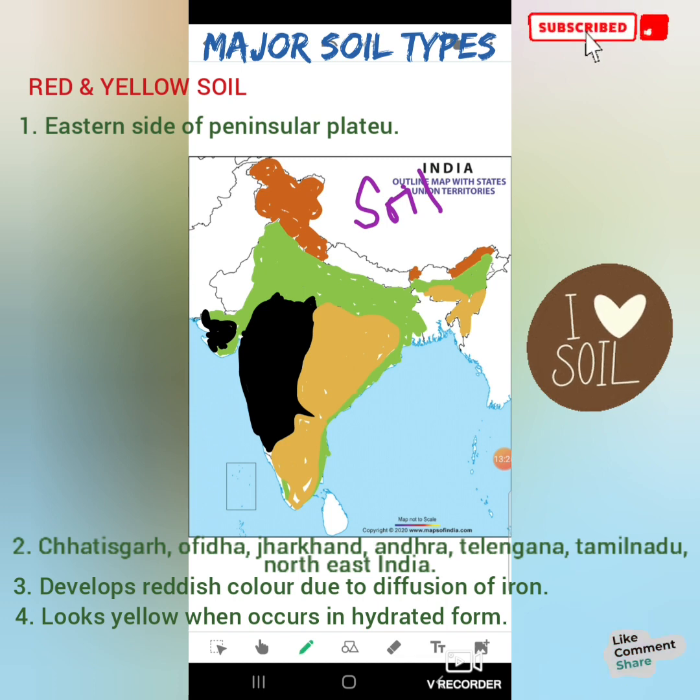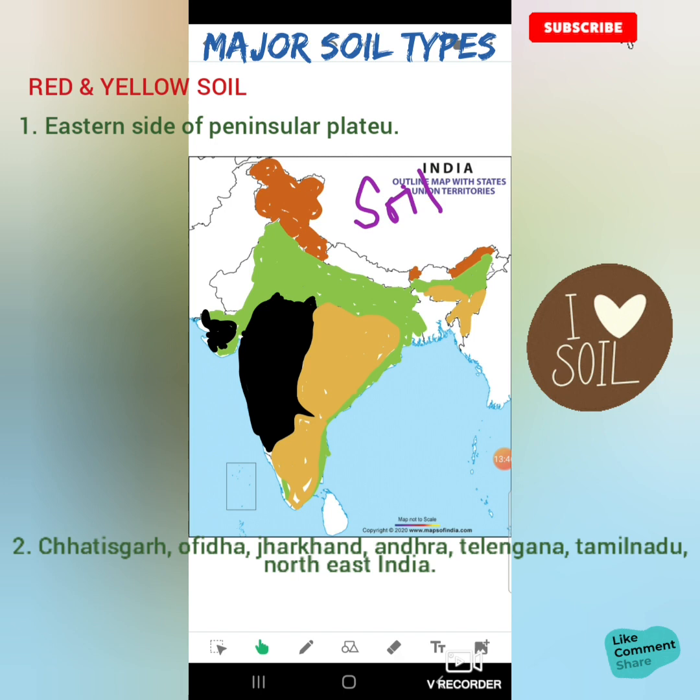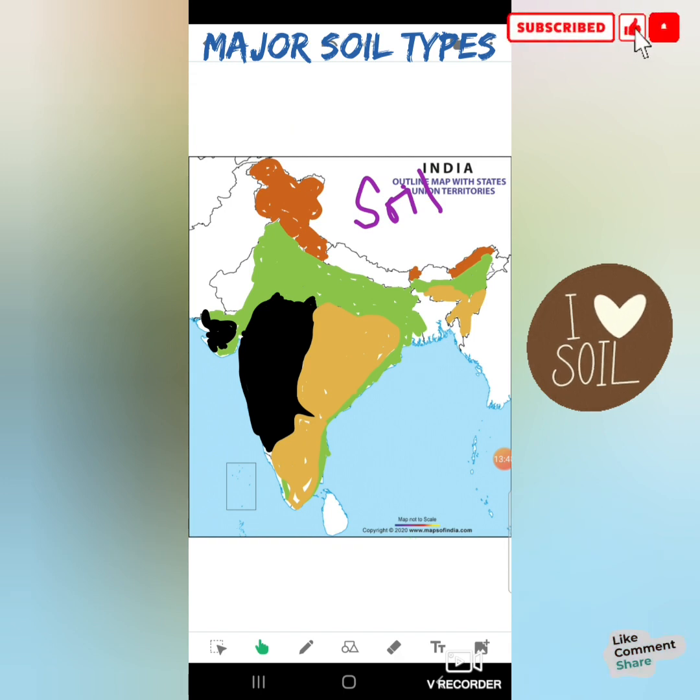So here in the northeast also I have shaded some parts. So now it is found in the northeast part of India, then parts of Odisha, Jharkhand, Chhattisgarh, Madhya Pradesh, Telangana, Andhra Pradesh, Karnataka, Tamil Nadu. Okay, understood? Yes.